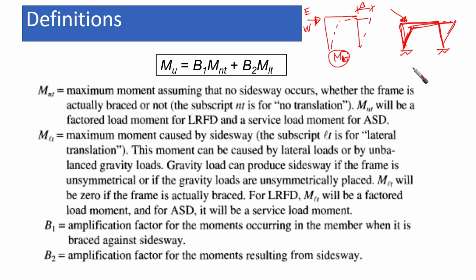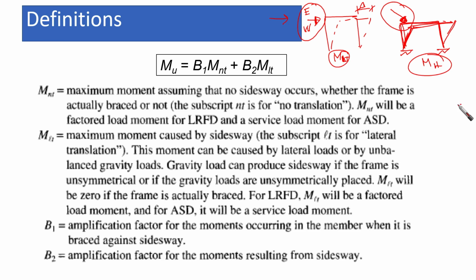So the source of this MLT is either a direct horizontal lateral load, or an indirect horizontal load coming from unsymmetric gravity loading or an unsymmetric system.